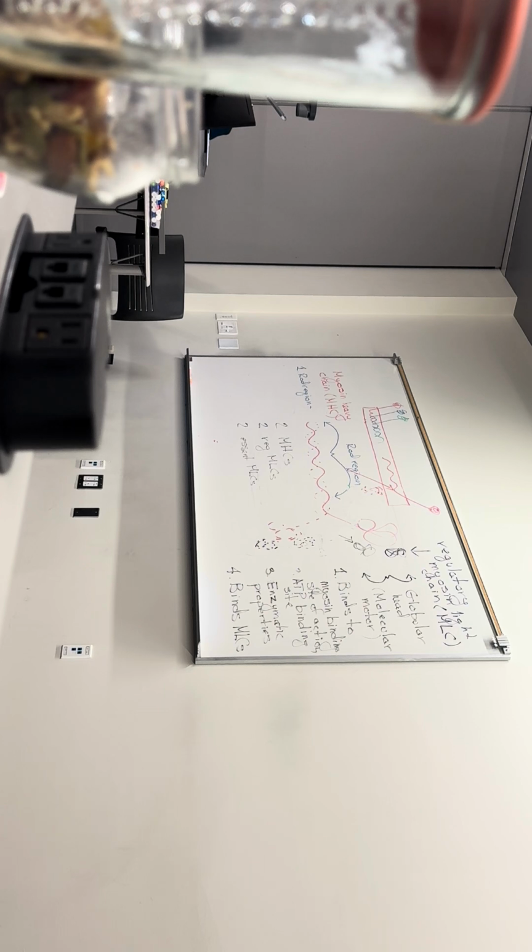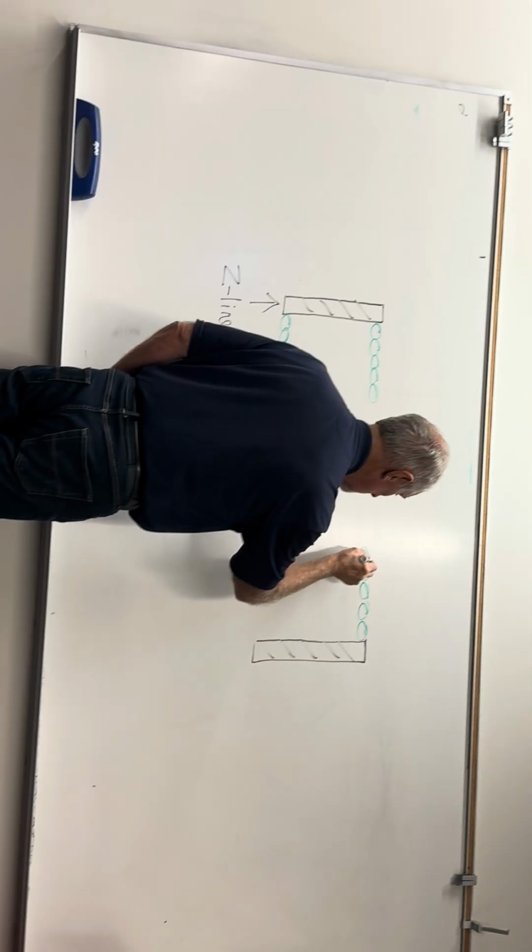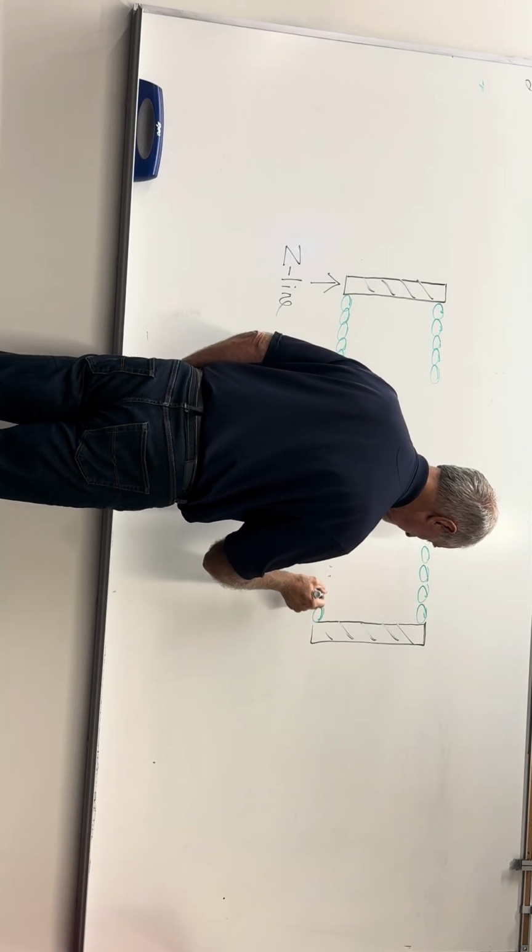Here's the opposing Z line. Attached to the Z line is the thin filament. I'm just going to represent the thin filament via the presence of the actin filament, these little green circles that are attached in series to one another.